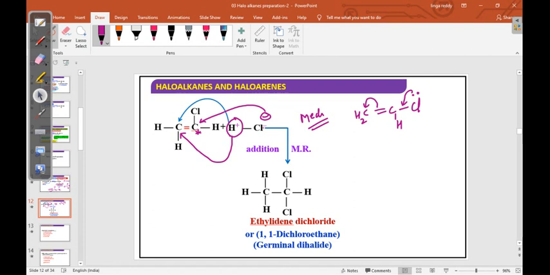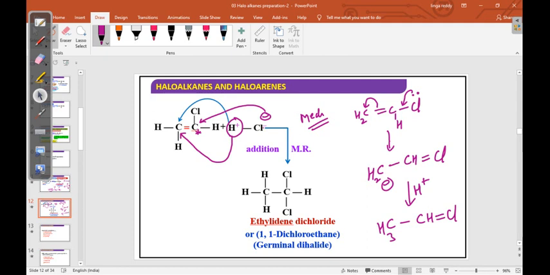So this resonance structure is CH2 minus, CH double bond Cl plus. This is the nature. So obviously here H is attacking first because it is an electrophilic addition reaction. So where will the H attack? Obviously on the terminal carbon. So now it becomes CH3, CH double bond Cl.